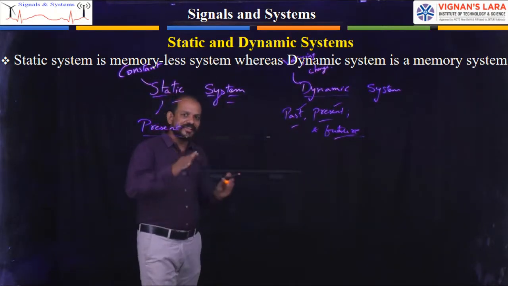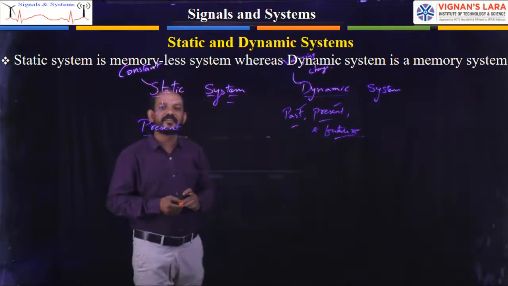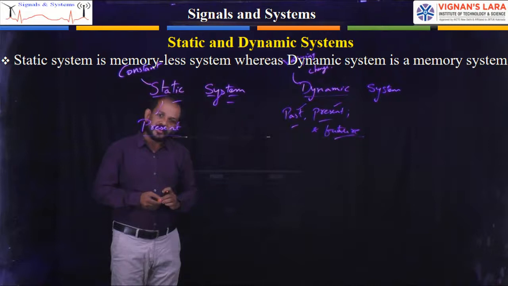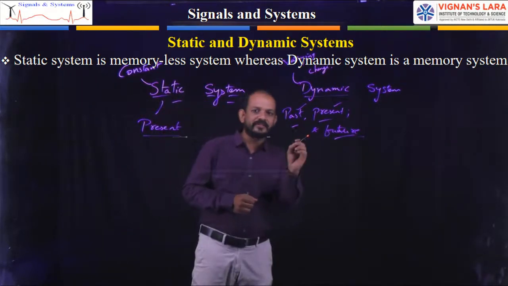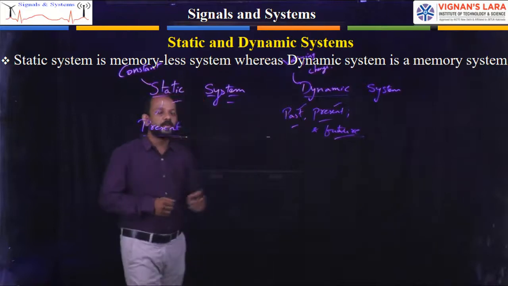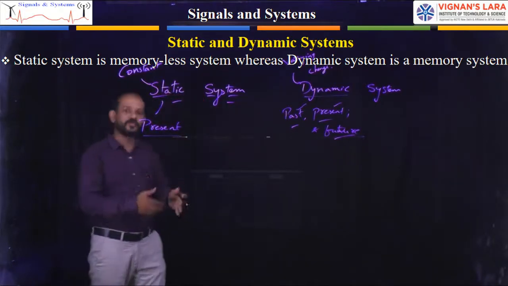Static is with respect to the present. That means they don't need any memory. So a static system is also called a memoryless system, because the static one will do the work regarding the present situation only.